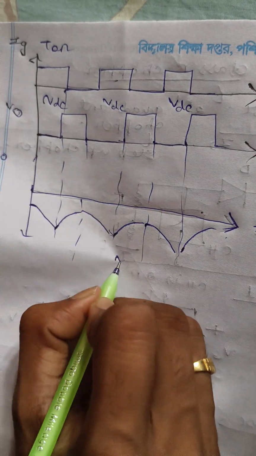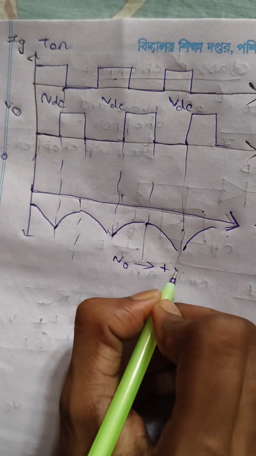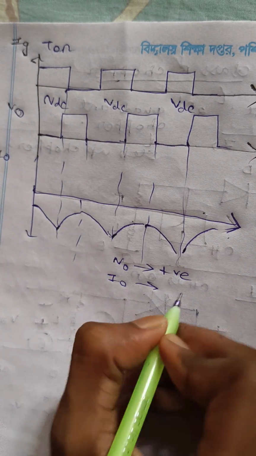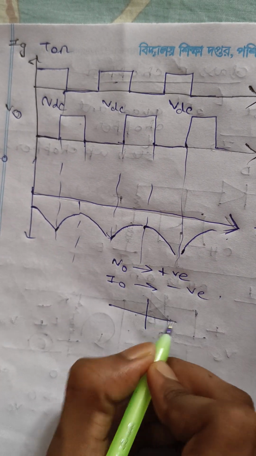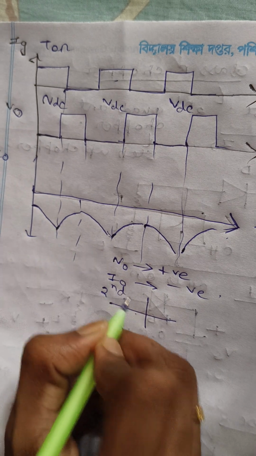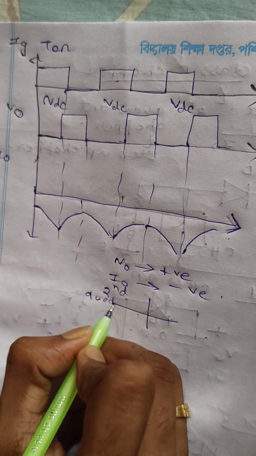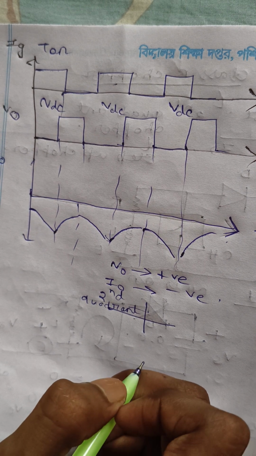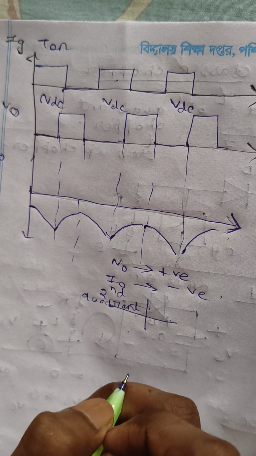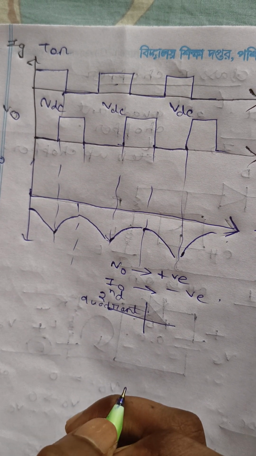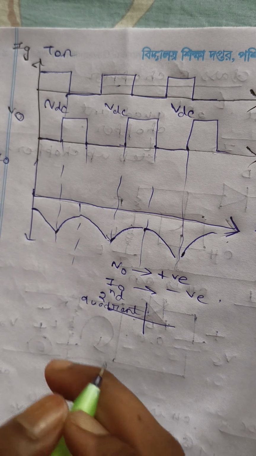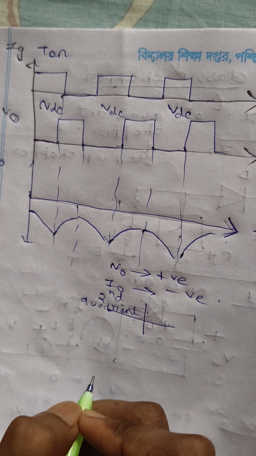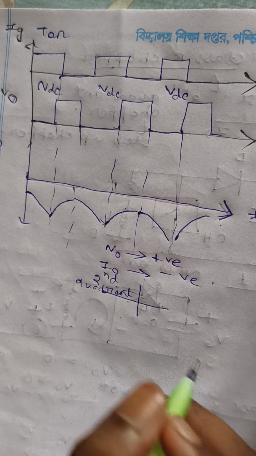As you can see, the output voltage is in the positive direction but the output current is in the negative direction, so it lies in the second quadrant. That is why it is referred to as the second quadrant chopper. The average output voltage of the class B chopper is positive and the average output current is negative. Power flows from load to source.